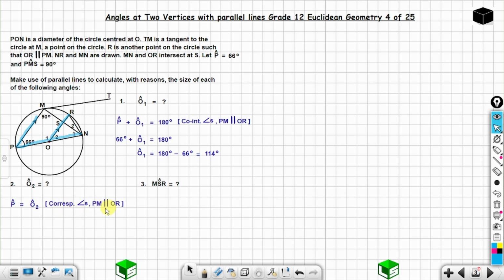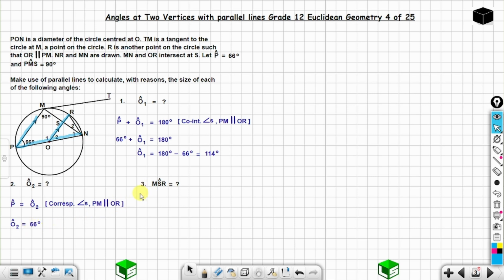You have to state which two lines are parallel to each other. The angle P is equal to 66 degrees. Therefore, the angle O2 is also equal to 66 degrees.